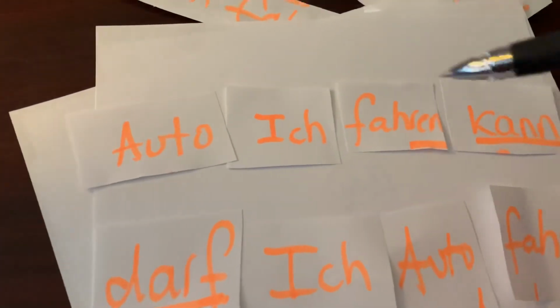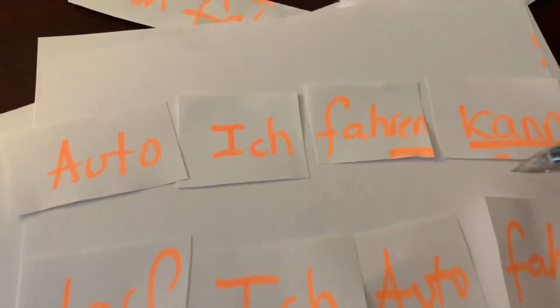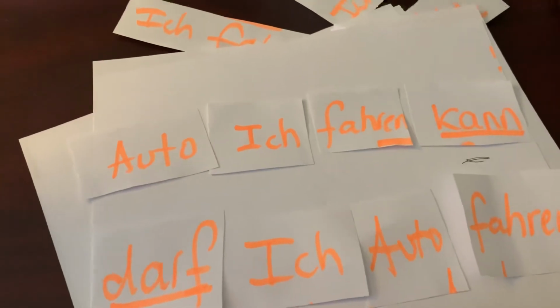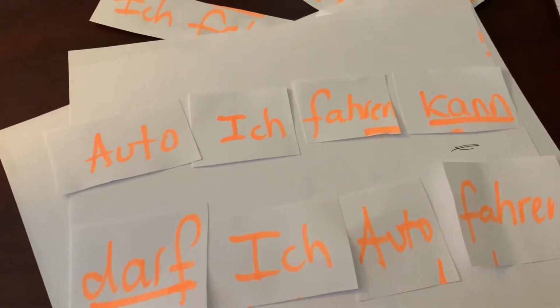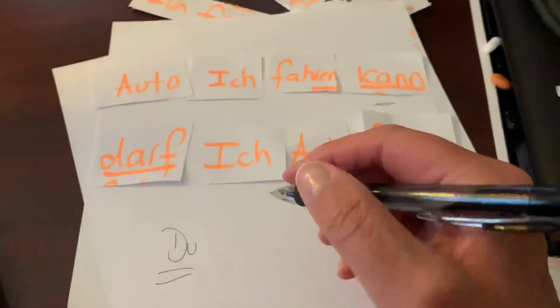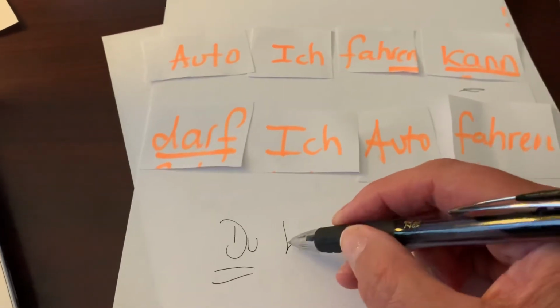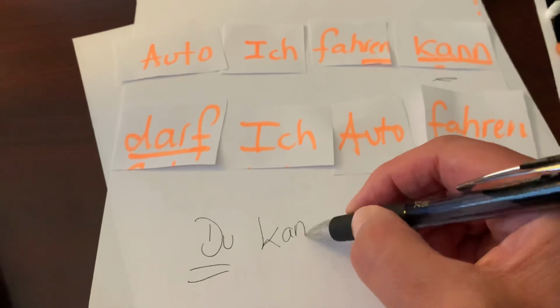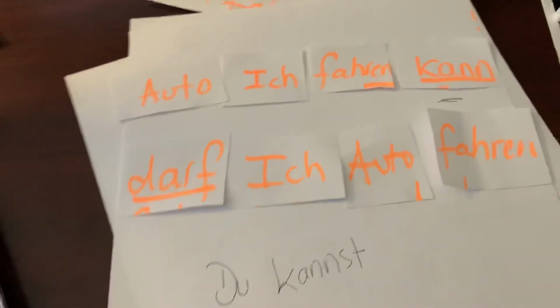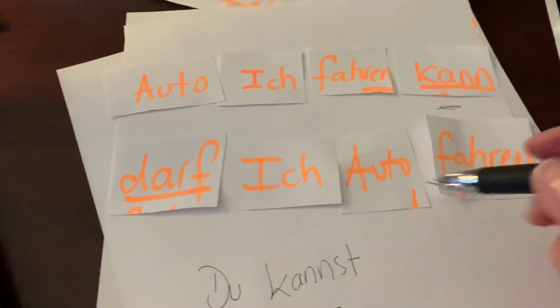So for instance, for this first one here, which is kann, right? If you were to look at your chart, let's say you're using du, right? Then you could look at your chart, and I don't have the chart on me right now, but if you look for the verb form of kann, it is kannst, okay? So it would work the same way.